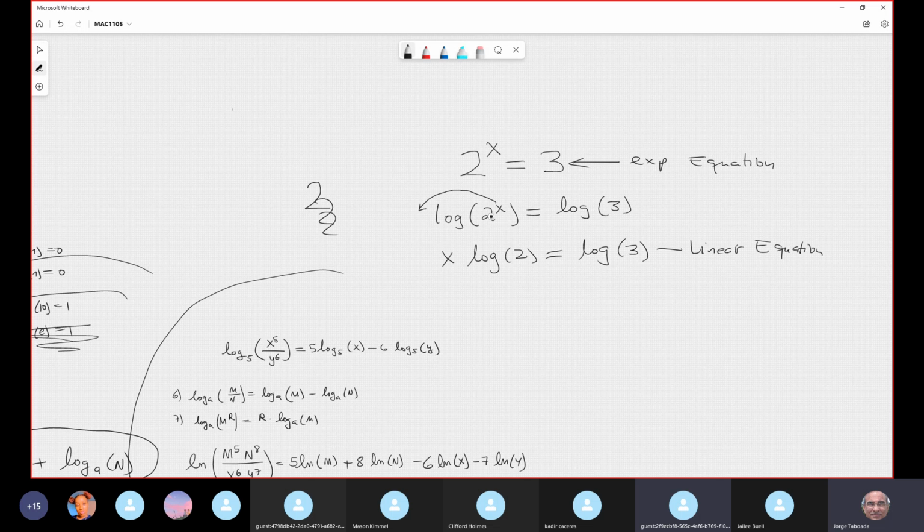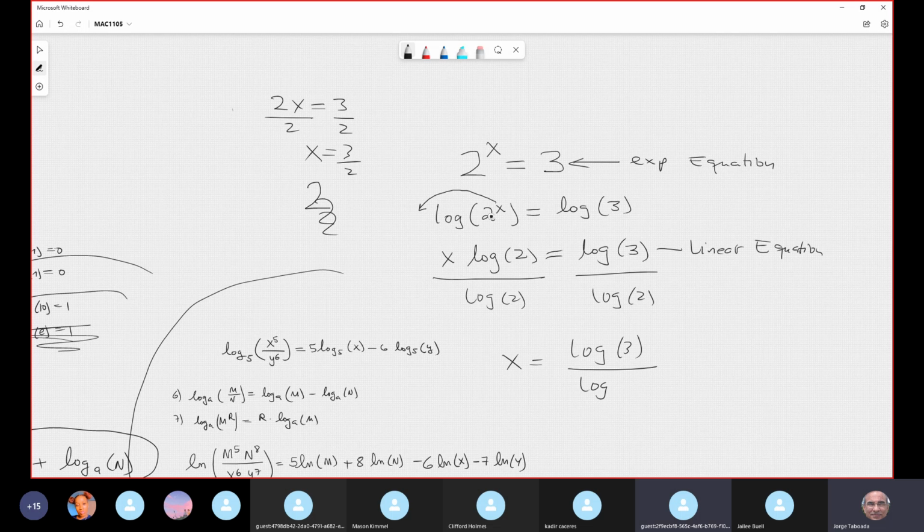So now it's similar to an equation like 2x equals 3: divide by 2 on both sides, x equals 3 over 2. Exactly the same we are doing, but using logarithm, of course. Divide by logarithm 2 on both sides. Entonces x alone, which is my answer, is logarithm 3 divided by logarithm 2.